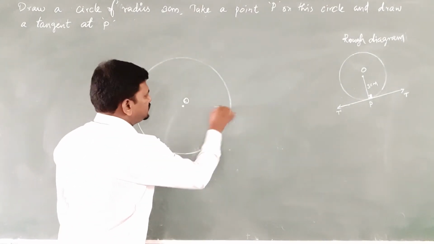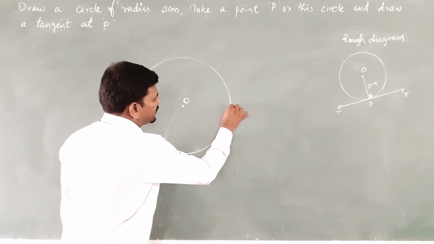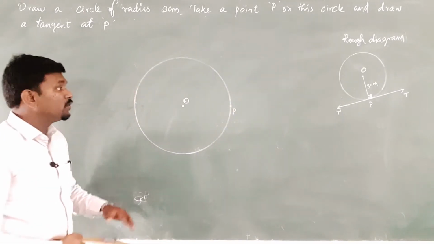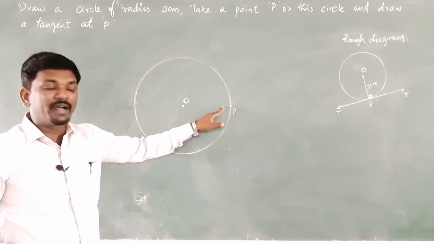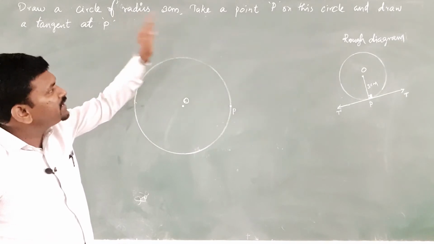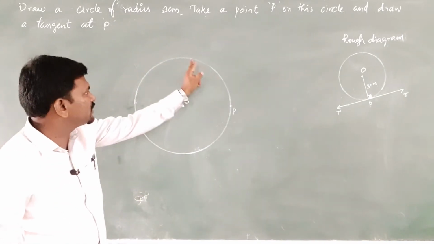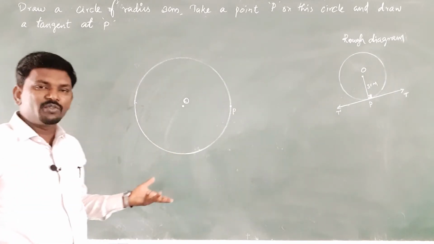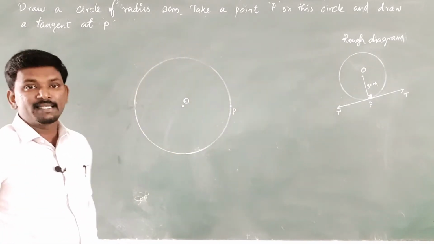So I am marking it here. This is the point P. Wherever you want to mark this point, they didn't mention, they just said mark a point P on the circle. So you can mark here or here, wherever you want on the circle.